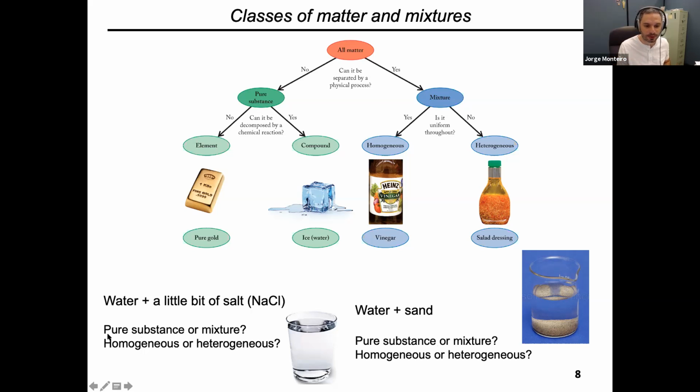Is it a pure substance or mixture? If it is a mixture, is it homogeneous or heterogeneous? If it is a pure substance, is it an element or a compound? Okay, so let's think about that for a minute or two. You don't need to answer me if you don't want, and then we will solve the problem together.